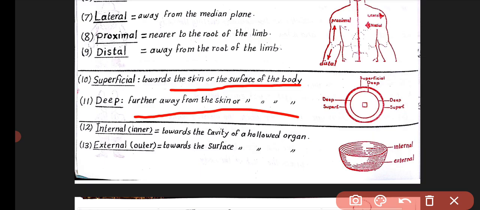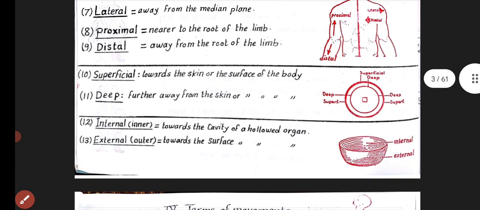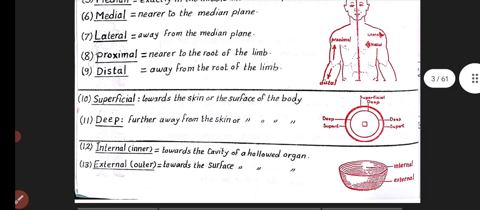And internal and external: towards the cavity of a hollow organ is internal, and this one is external. This is the terminology used in anatomy as well as in exercise therapy.